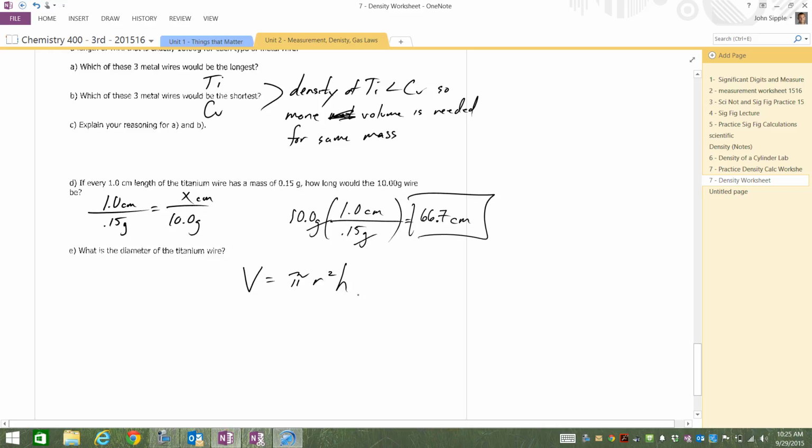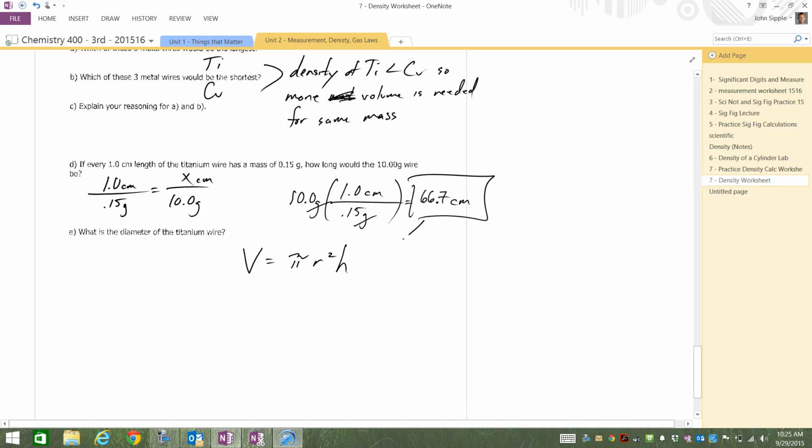Right? So I know that basically the length of my wire is the height of my cylinder. Okay, so I can plug that in there. I don't know the volume of my wire, and I don't know the radius, right? And the radius is what I need in order to find the diameter, right?